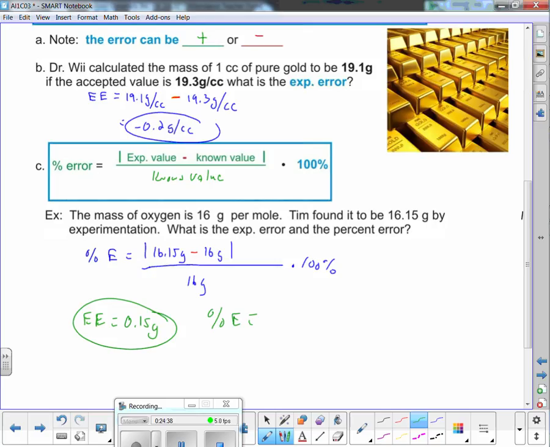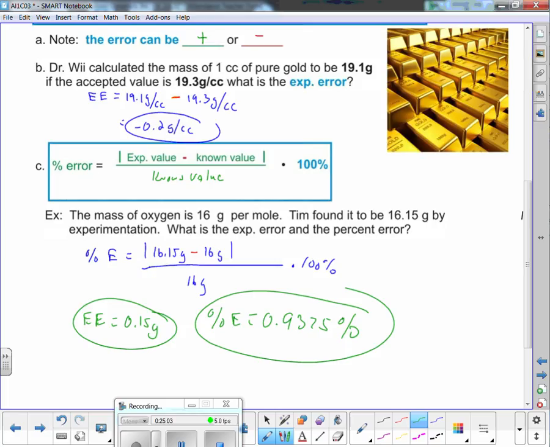Percent errors should not be very much. Okay, then what do you get? And that is percent, 0.9375%. Percent error should not be very big. Just punch it in your calculator.